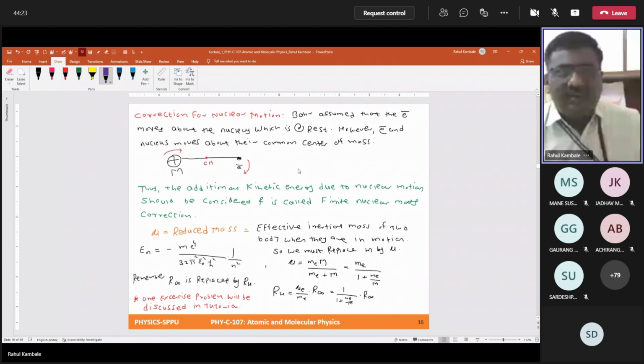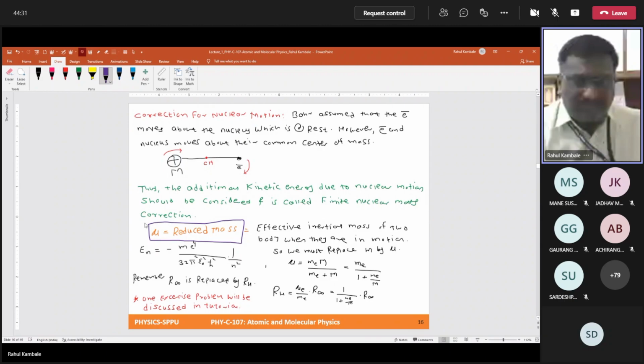In that context, the reduced mass comes into the picture. Reduced mass, you must have learned in classical mechanics, is the effective inertial mass of two bodies when they are in motion. One problem is based on this, which is given in your tutorial sheet. At that time you will understand.